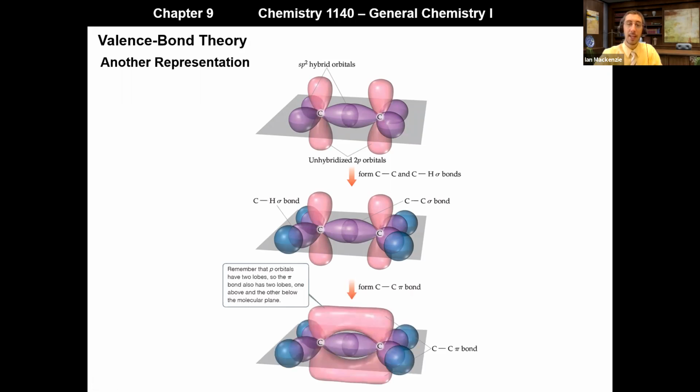But then finally, as we bring those together, the p orbitals overlap in a sideways fashion. We form this new bonding region above and below the plane, where the 2 electrons for the double bond sit. Now, there's maybe 2 lobes to this, but it is just 1 bond.